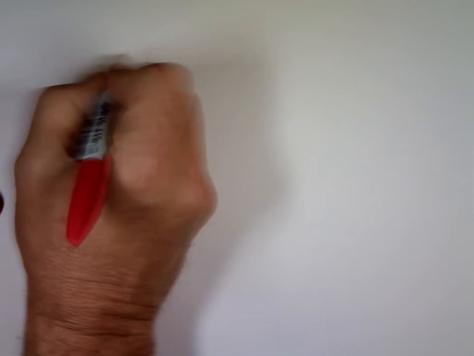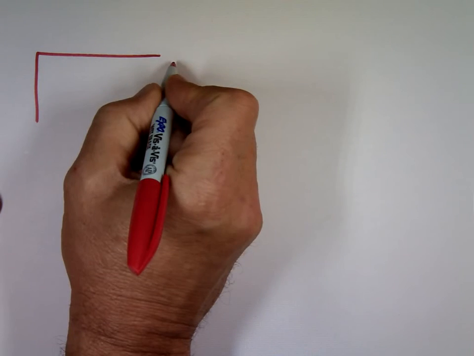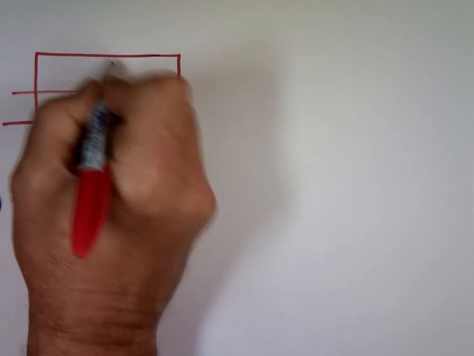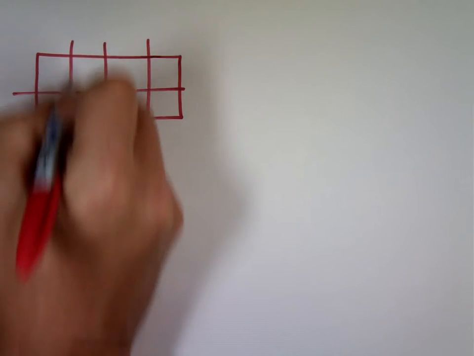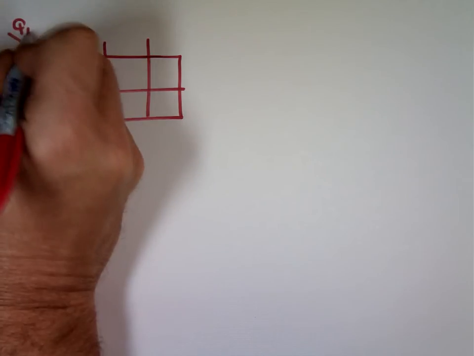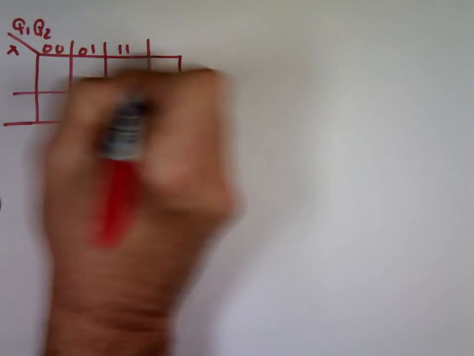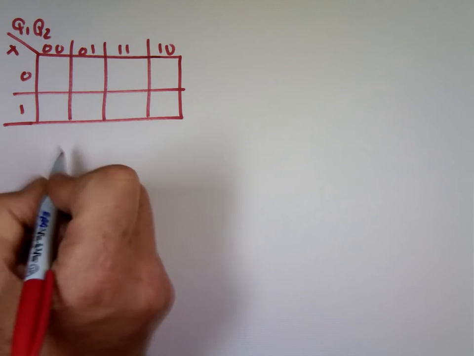So a Kmap J1, K1. We have three inputs: Q1, Q2, and X. This is for J1.